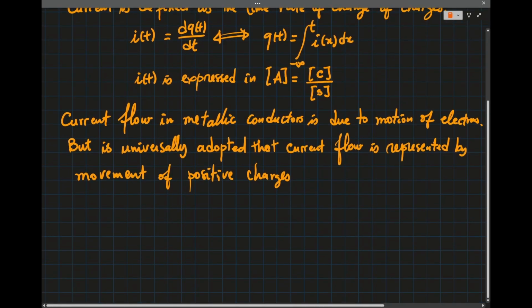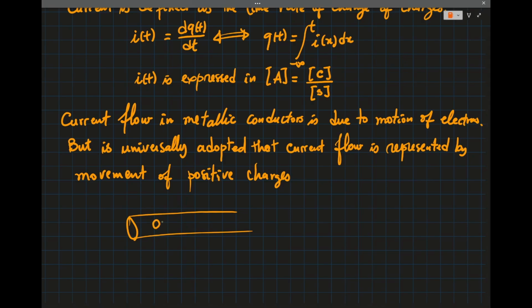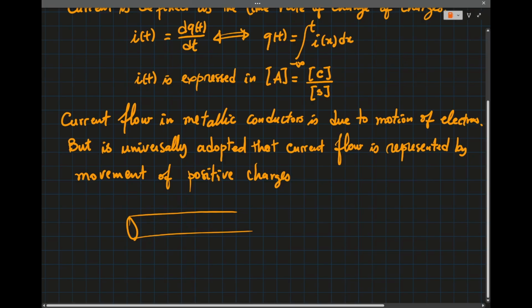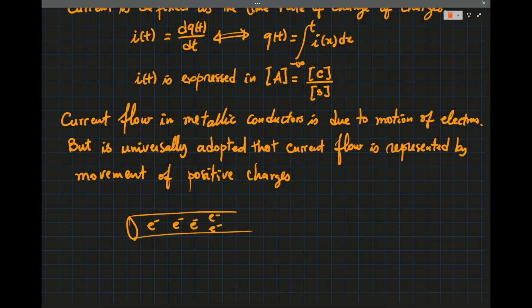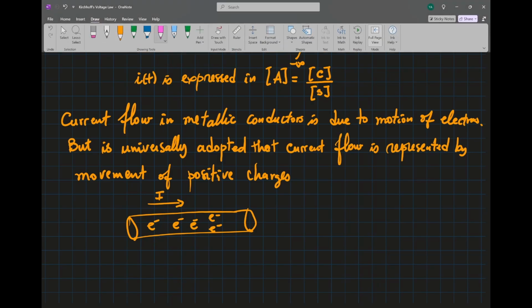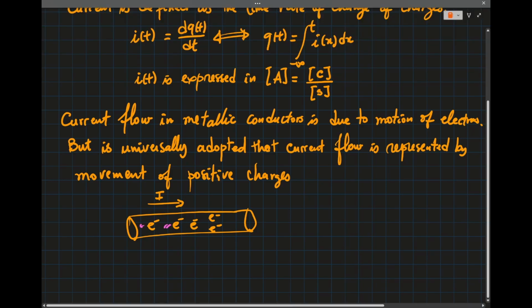When I have a piece of conductor with electrons, and I indicate that this is the conventional direction of the current, then the electrons are going to flow this way instead, in the opposite direction.